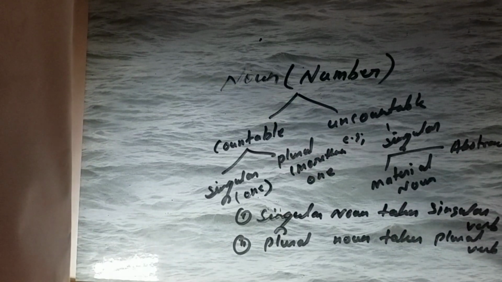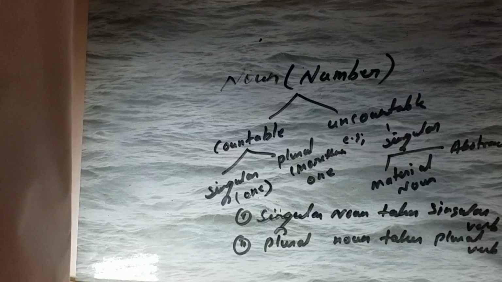My dear students, as I was saying, we need a singular verb for a singular noun and a plural verb for a plural noun. So it is very easy to understand the format: singular noun takes singular verb and plural noun takes plural verb. But as far as singular and plural nouns are concerned, you have to follow the rules related to them.